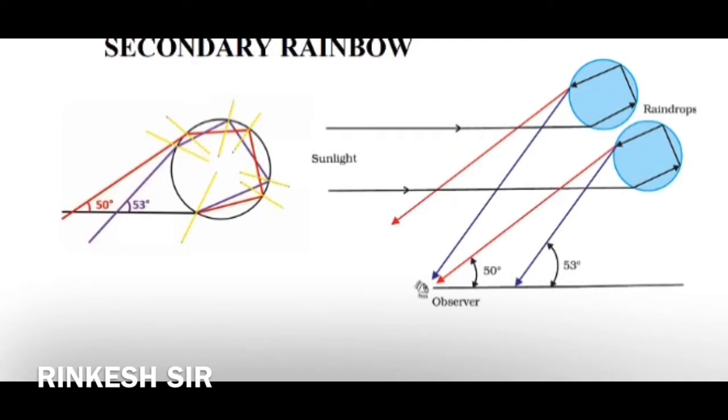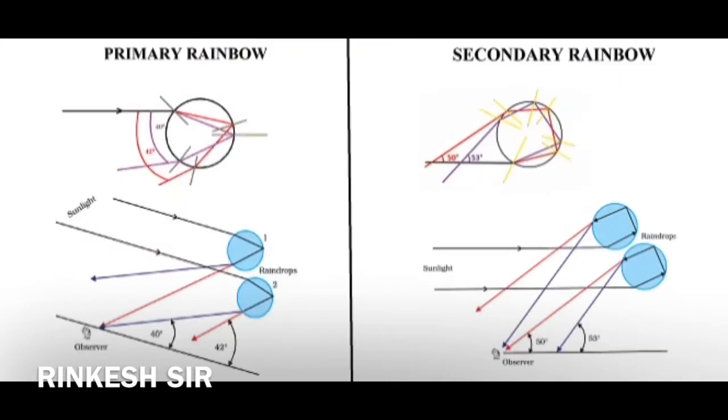So this is opposite to that of primary rainbow. Remember, the intensity of these lights in the rainbow is lesser in secondary rainbow compared to the primary rainbow. Here you can see the difference between primary and secondary rainbow formation.